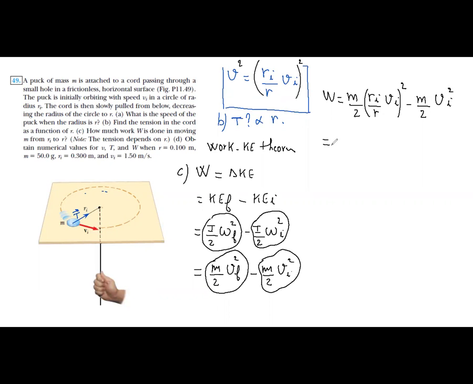We can put outside M V initial square. We get inside R initial square divided by R square minus 1. This is the value of the work done, consumed to move the object from this point to this point.